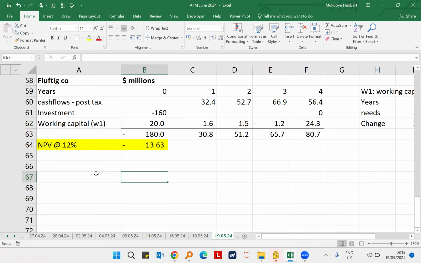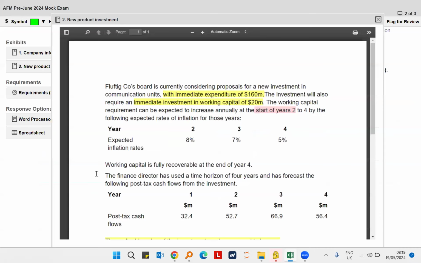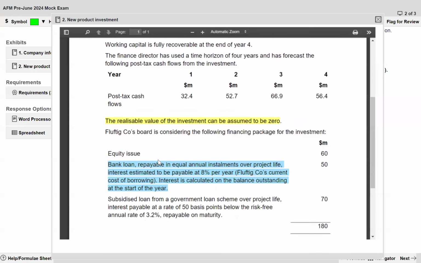But they want us to calculate adjusted present value, so we need to look at the financing part. Financing cash flows, outside effects. So, like we said, the financing side effects result directly from how we are financing.